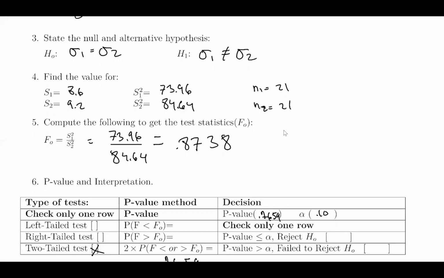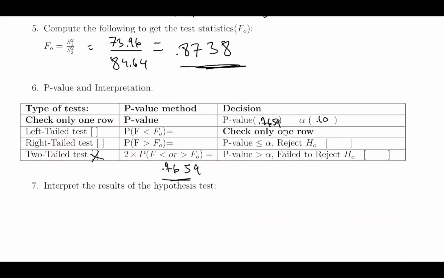All right, so I put the F value right here, I put the P value right here, I put alpha over here. So this is my P value 0.7659 and my alpha 0.10. P value is bigger than alpha.